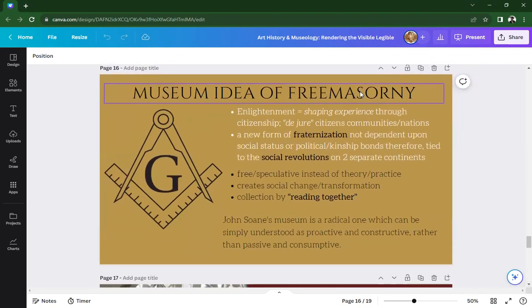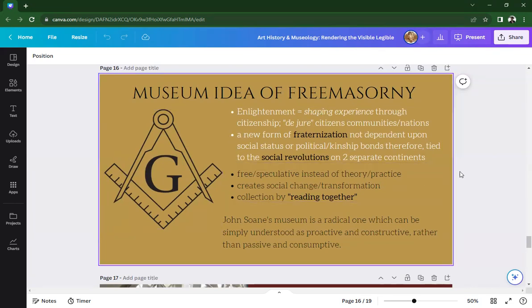The museum idea of Freemasonry started in the Age of Enlightenment, no? Shaping experience for citizenship through citizens, community, nation.